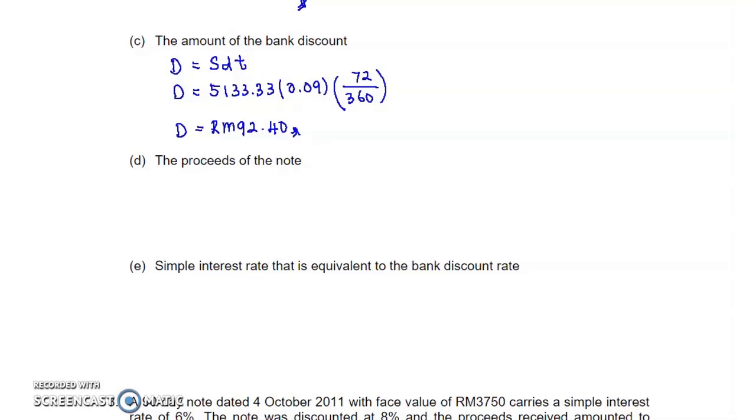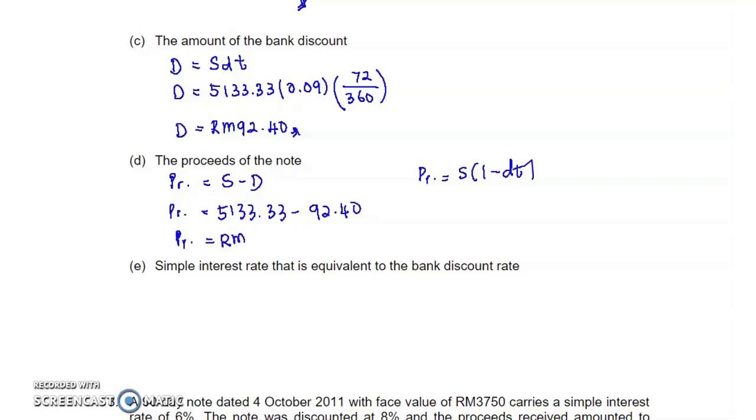Okay, then D, find the proceeds of the note. Okay, so since we have value S and value D, so simply proceeds equal to S minus D. Okay, if you want to use formula proceeds equal to S multiply 1 minus dt also, no problem. But your working will be longer as compared to you use S minus D. Because this formula originally comes from this formula. So S just now 5133.33 minus bank discount 92 ringgit 40 cents.